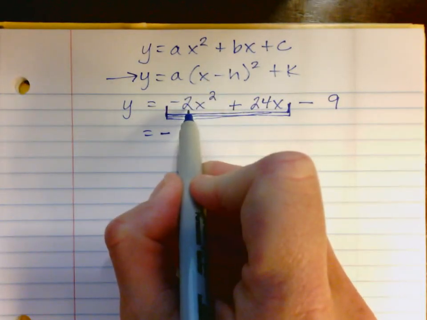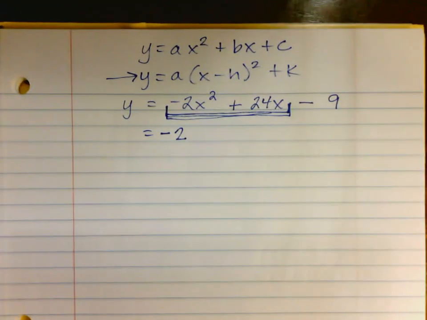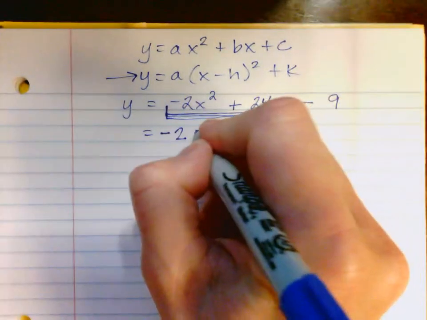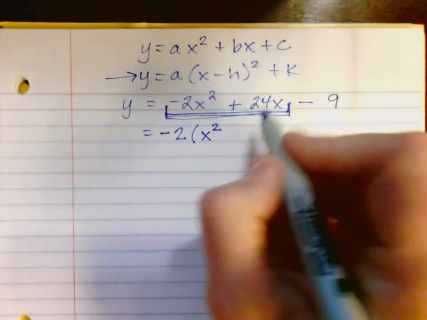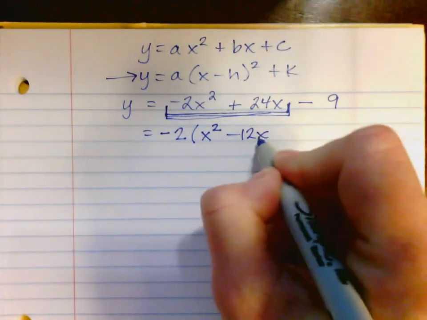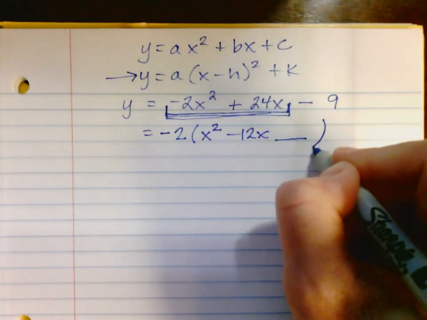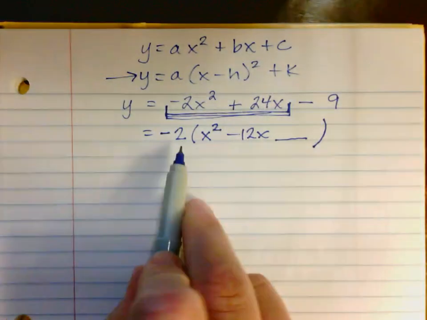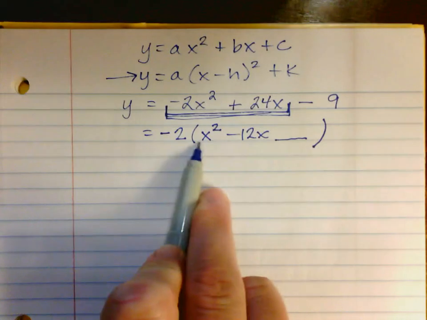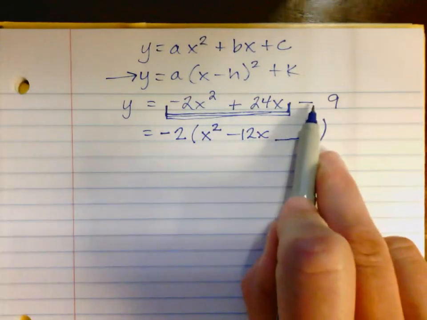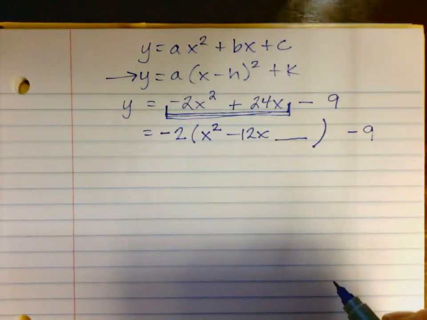Whatever's the coefficient of x squared is the factor that we're going to take out. Divide these first two terms by it, and we would get x squared minus 12x. I'm going to leave a space here and then close the parentheses because this coefficient is only going to be in front of this first factor. I'm not touching the negative 9, so I'm going to leave that as negative 9.